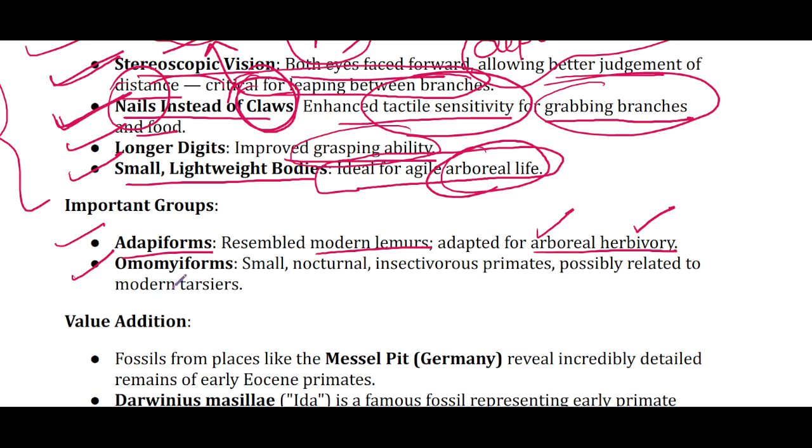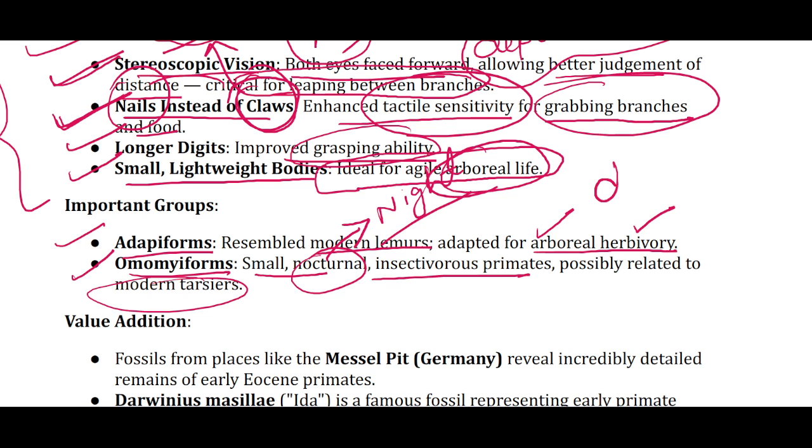Then the second group was omomyiforms, which were small nocturnal insectivorous primates, possibly related to modern tarsiers. So nocturnal means those animals that are active during night, और जो डे में एक्टिव रहता है, स्पेशली हम और बहुत सारे एनिमल्स जो हैं, they are known as diurnal. So the omomyiforms were nocturnal.